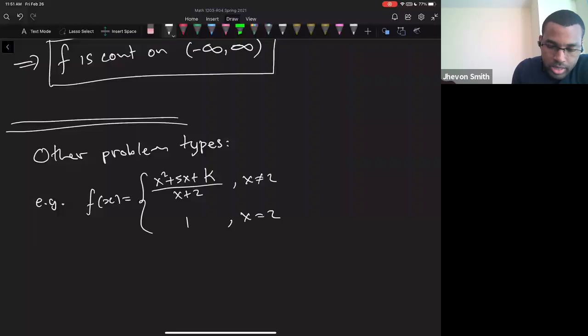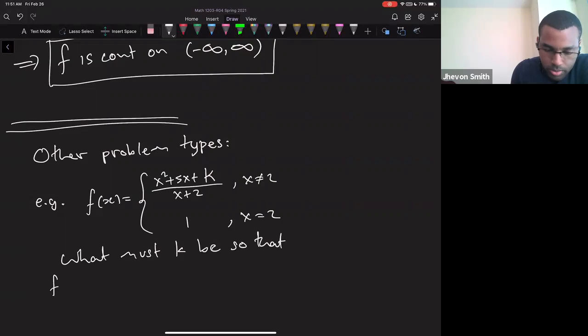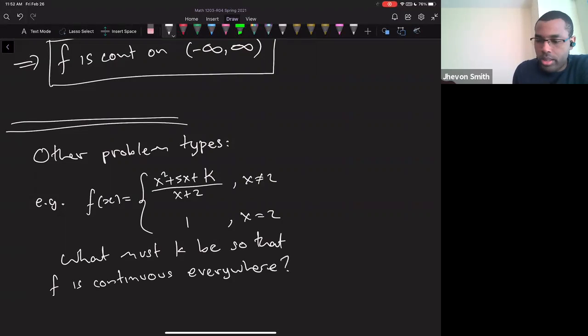And I could have asked, what must k be so that f is continuous everywhere, right? So I can ask that question, or I could have done it a different way.